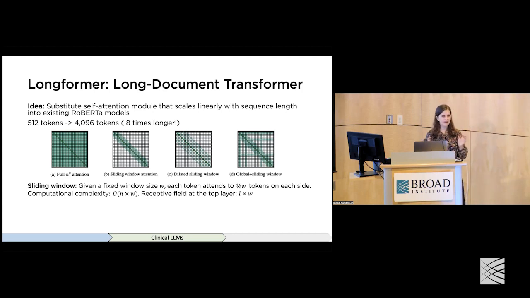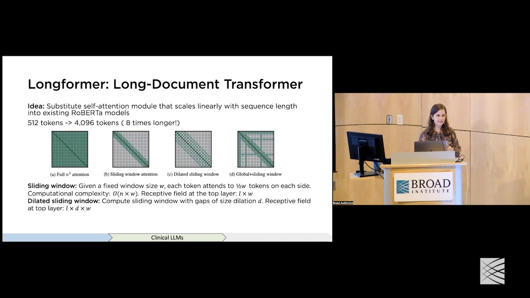The idea is that you have some fixed window size W, and each input token attends to 1/2 W on either side of the word that it's trying to generate a representation of. The nice thing here is the computational complexity is now O of n times W instead of O of n squared. And the receptive field at the top is then L times W.